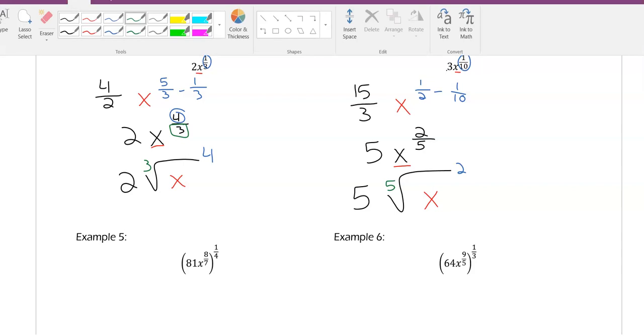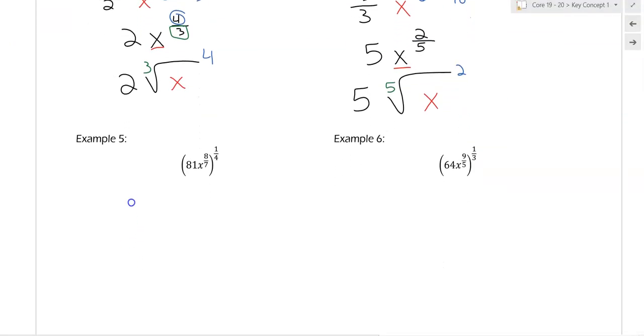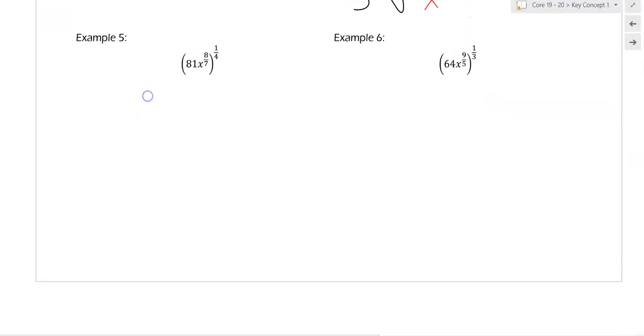All right, let's look at example 5. Now we have our power rule. This was what we did in target 1A.5, right? So now when we have our power rule, remember here, again, both of these get the 1/4. So 81 has its own exponent of 1, right? And then x has an exponent of 8/7 and that 1/4, okay?